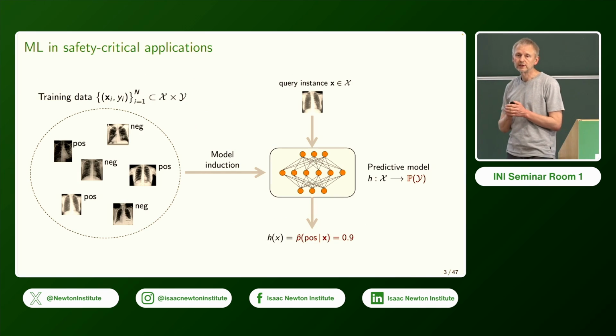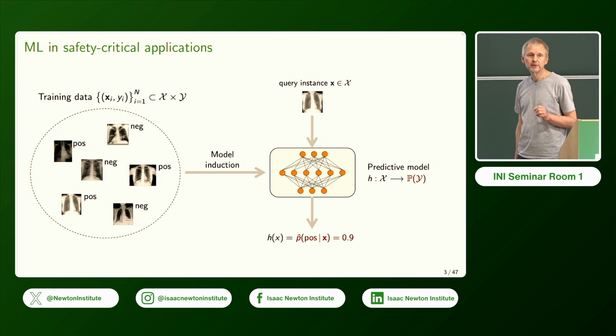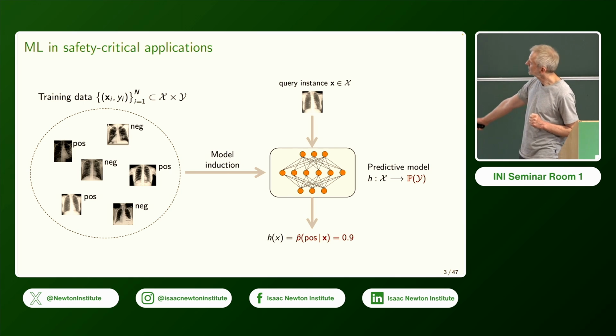Here is a simple illustration. The xi, the instances, you may think of X-ray images. The yi could be labels, in the simplest case, positive, negative, for example, depending on whether a certain disease is present or not.